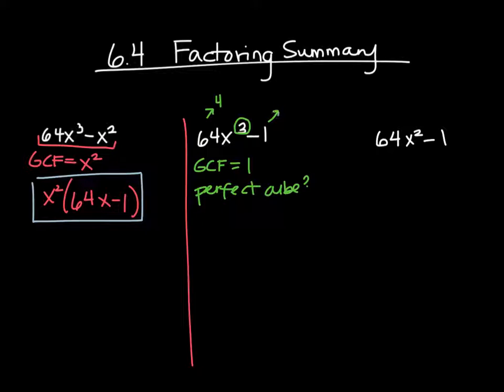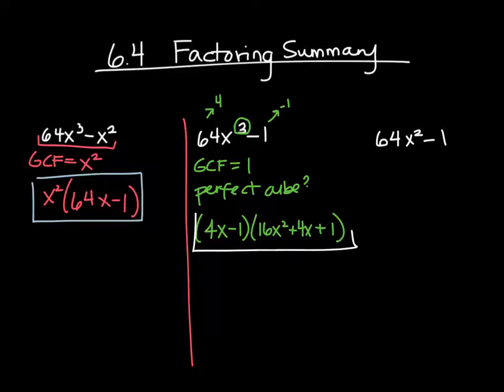The cube root of -1 is -1. So now I'm just following my pattern. I've got 1 short parenthesis and 1 long one. So I'm going to have 4x minus 1. Remember, those are my cube roots. Square the first, square the last, multiply, and change the sign. Remember, this parenthesis can now no longer be factored, which means right here is my final answer.